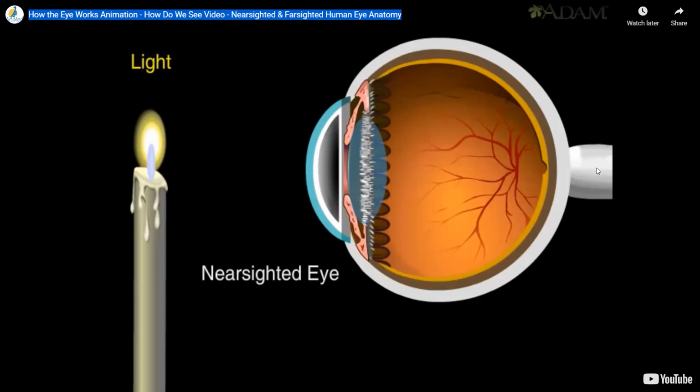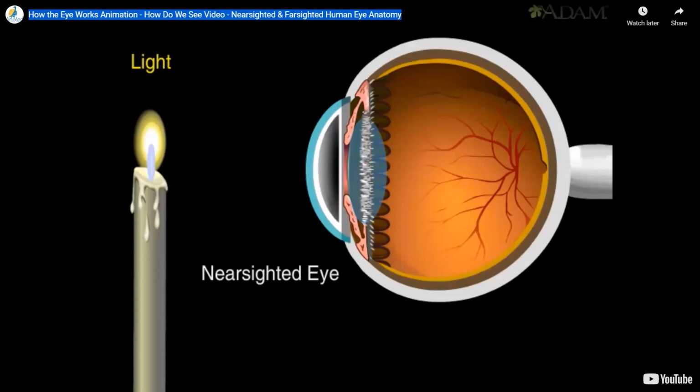There is an optic nerve connected to the brain which makes us able to see the light or any kind of image that is created.